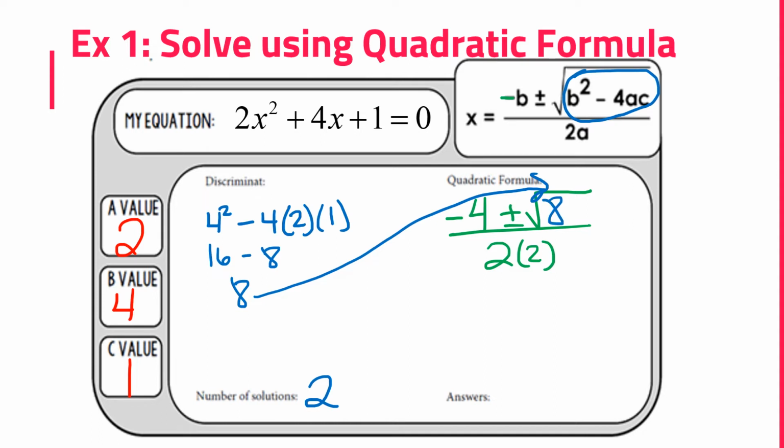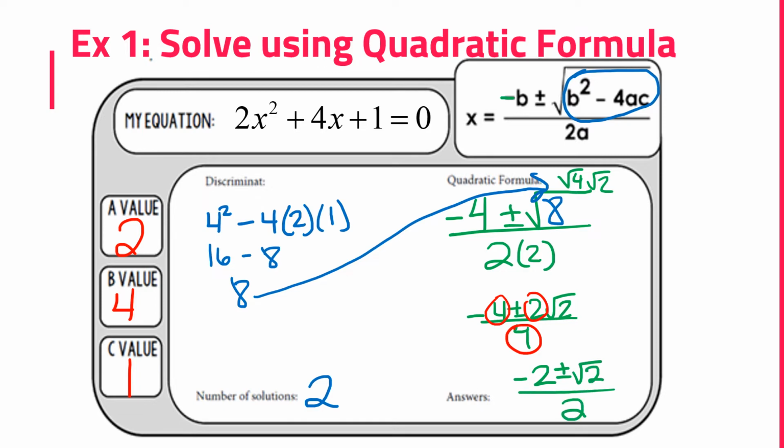All right, let's simplify. Square root of 8 breaks down to a 4 and a 2. So I'm down to negative 4 plus or minus 2 radical 2 over 4. Now I can simplify this further. If I look, every piece is divisible by 2. So my final answer is going to be negative 2 plus or minus square root of 2, all over 2.